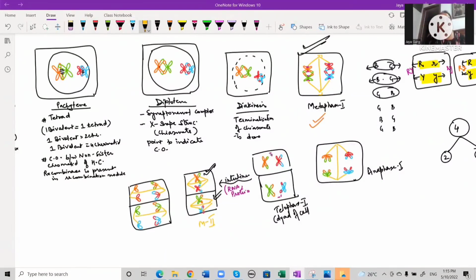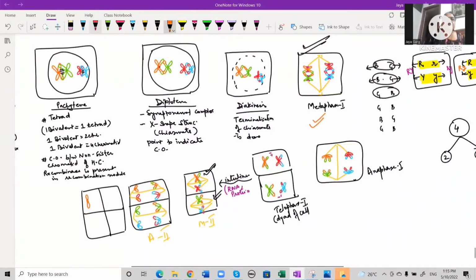Anaphase 2, where the sister chromatids are separating. And finally, you are going for telophase 2. Understood the diagram better, everyone?